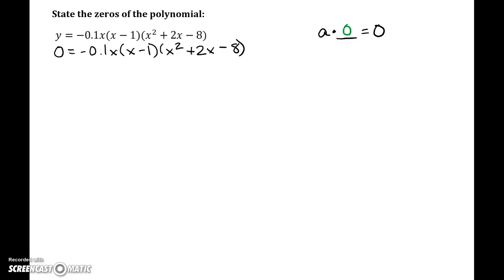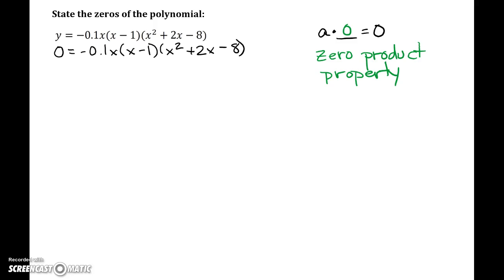In order to find the zeros, we have to take each of the factors and set them equal to 0. This is called the zero product property. The zero product property for this problem would make it so that each of the products, the negative 0.1x, the x minus 1, and the x squared plus 2x minus 8, each equal 0.